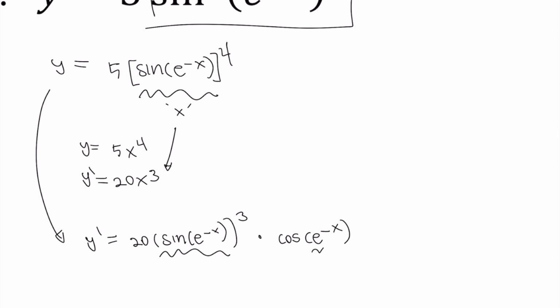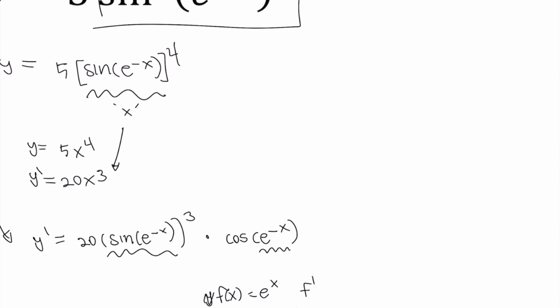But then we need to take care of the inside function of cosine, which is e to the negative x. So the derivative of e to the x, f prime, is e to the x. But if the function is like that, the derivative of e to the negative x, you need to take the derivative of negative x, which is negative 1.